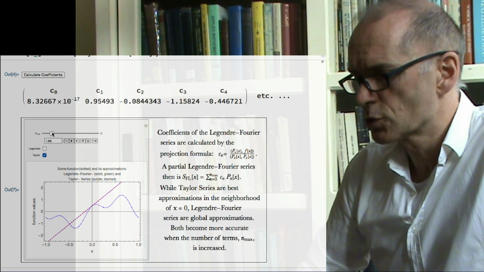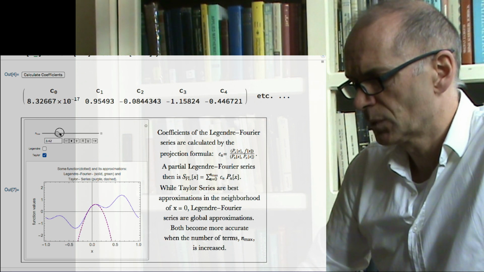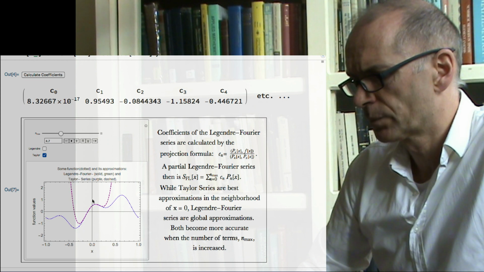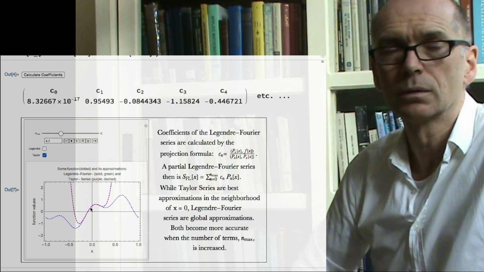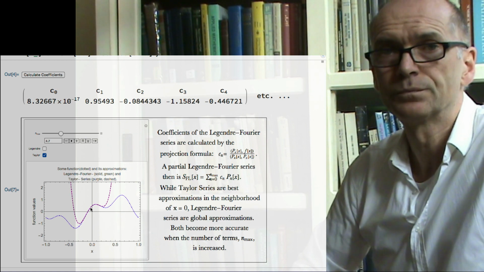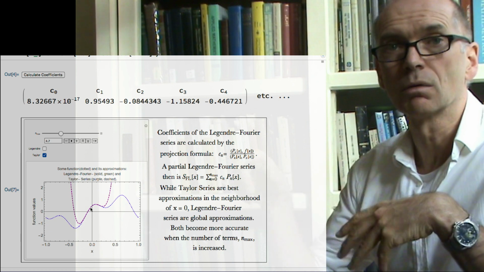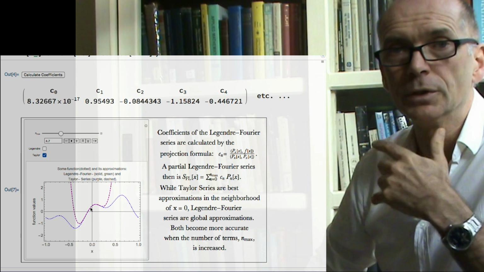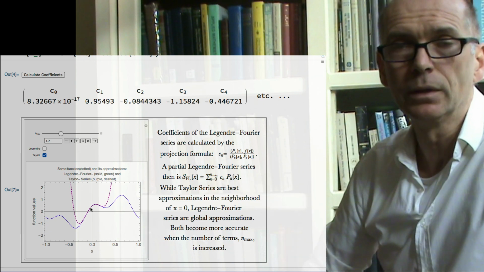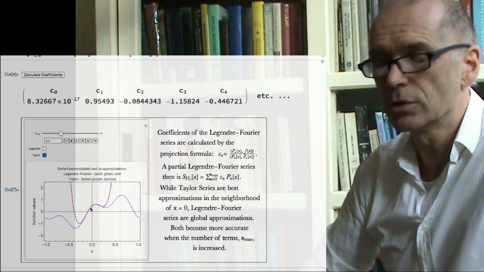And the more terms you add, the more derivatives are taken into account at the origin, at x is 0. So you get the value, the slope, the curvature, etc. will be mimicked by the Taylor series at the origin.